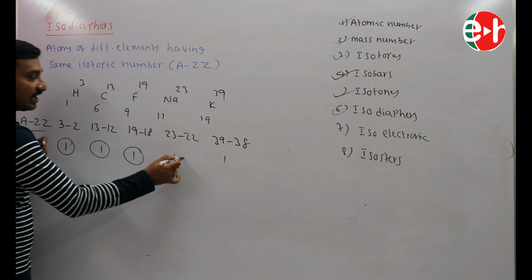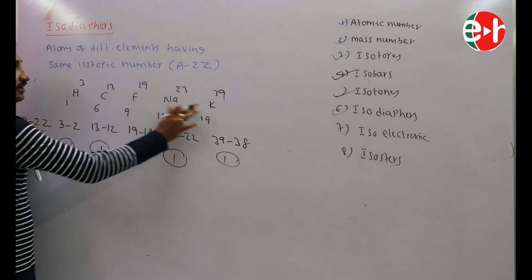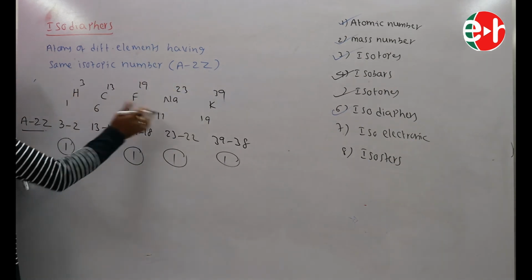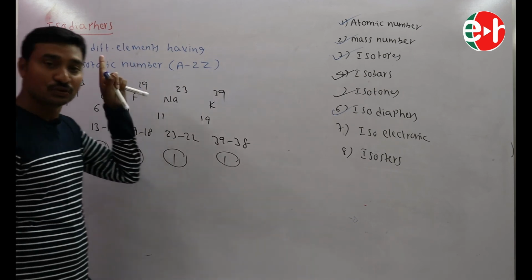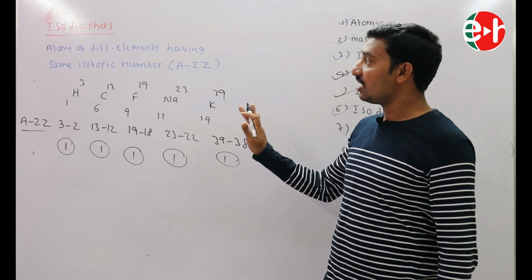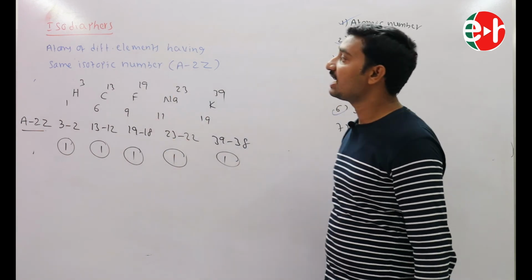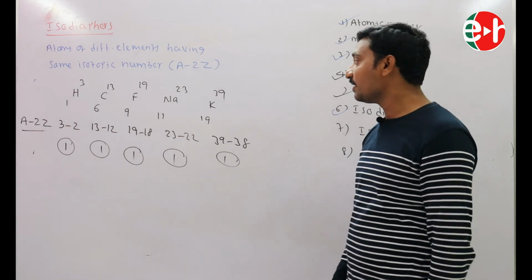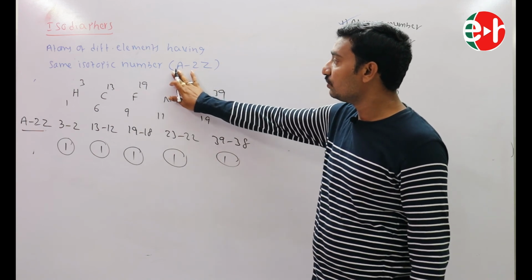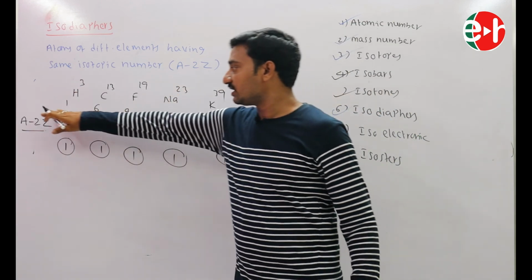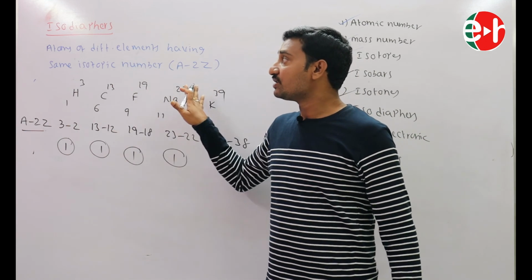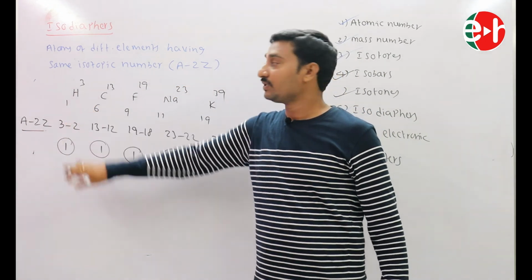Different elements, different mass number and different atomic number, but having same isotopic number, called as isodiaphers. Isodiaphers are atoms of different elements having same isotopic number. Isotopic number means A minus 2Z. We know A is equal to mass number, Z is equal to atomic number. So we are taking some examples. All these are isodiaphers to each other.